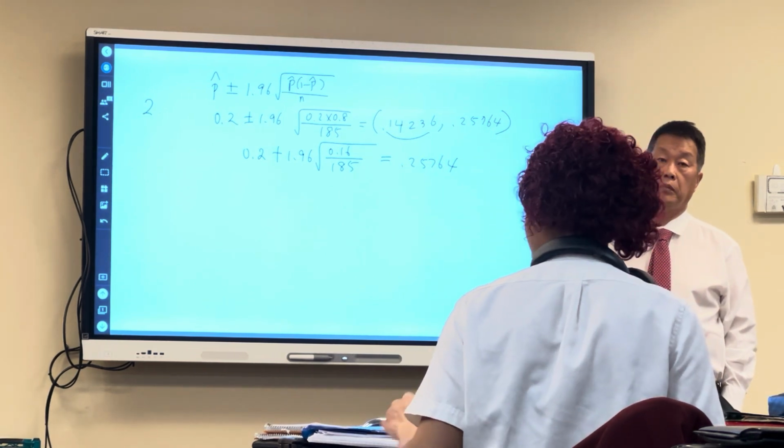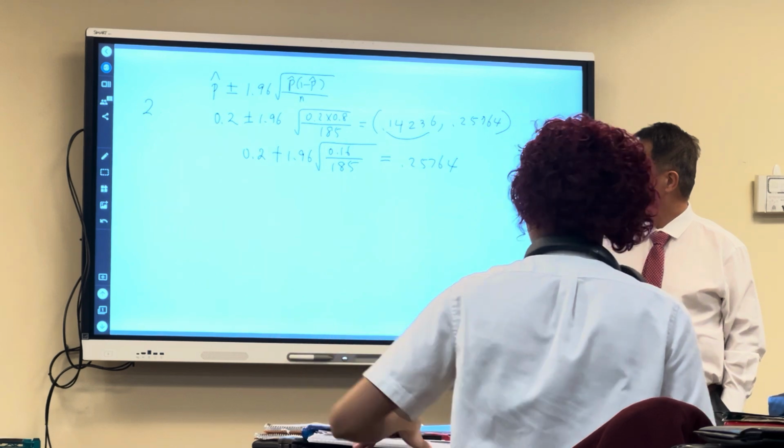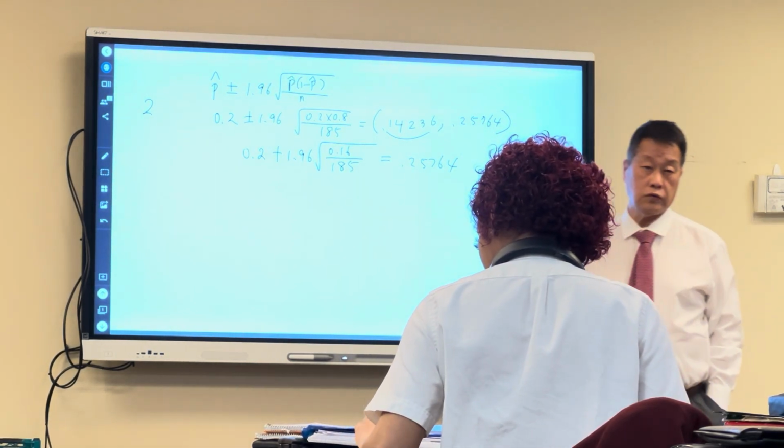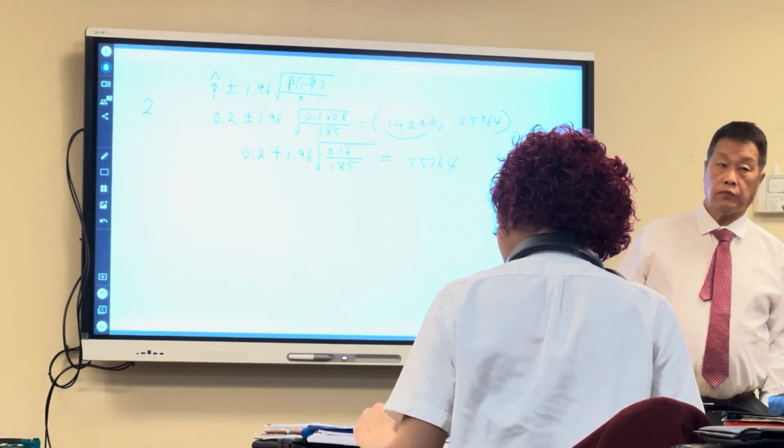If you add up the numbers, and the square root would be a 1.96, and that should be equal to 0.25764.